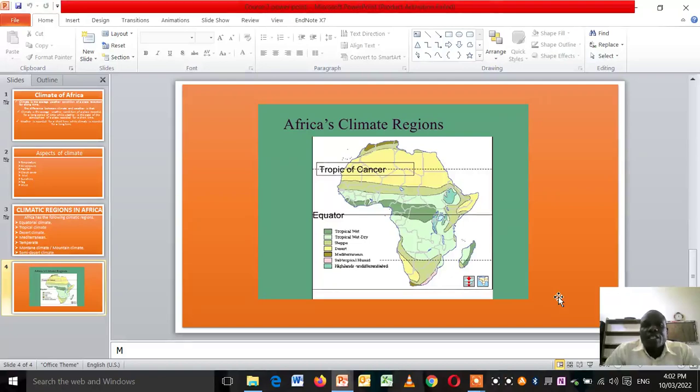So when you look at that map, you'll find that different regions of Africa experience different types of climatic regions. And I would ask you to take time and study it.